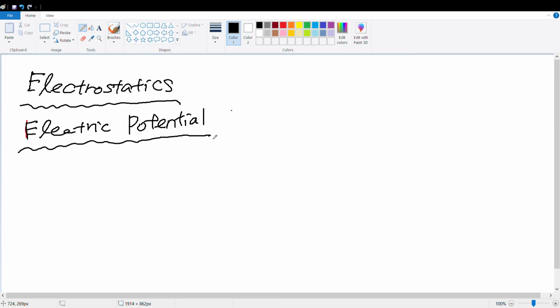Before that, we need to know the definition of electric potential. So what is meant by electric potential?